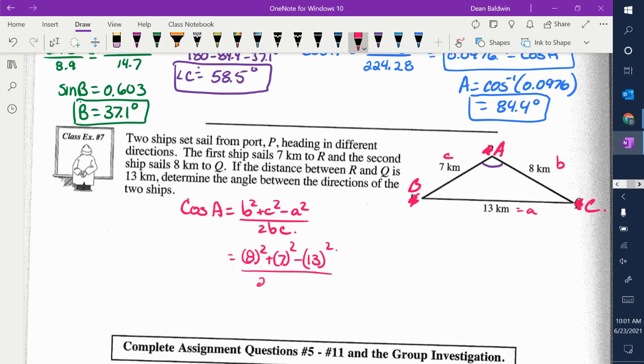But A has to be right. So you should get a negative number when you do that, like a negative decimal before you get your angle.